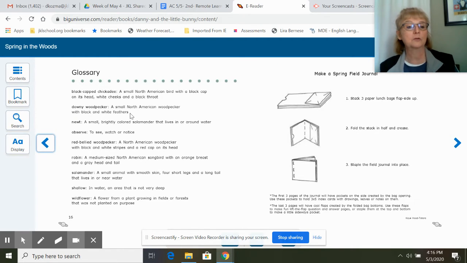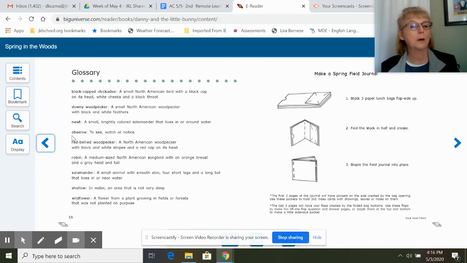And you're going to see a picture of a downy woodpecker. The next word is newt, and a newt is a small, brightly colored salamander that lives in or around water. Newt. Have you ever found a newt when you're in the woods? They're hard to find, but if you're lucky, you might see one in the spring.